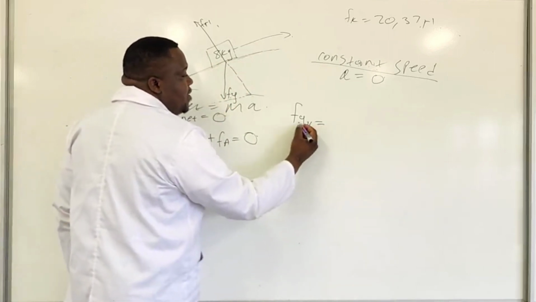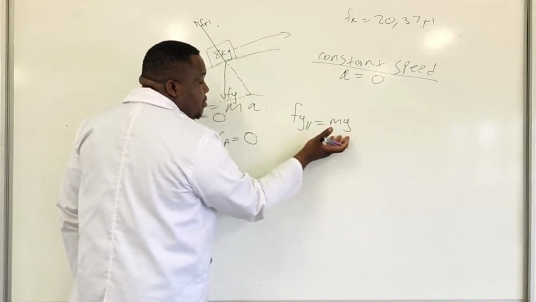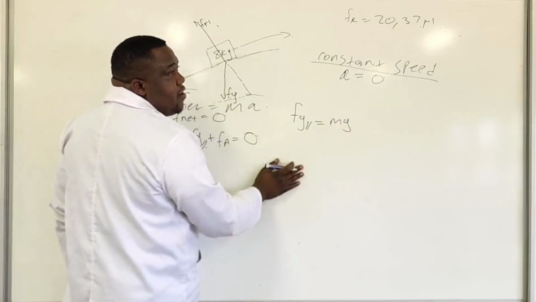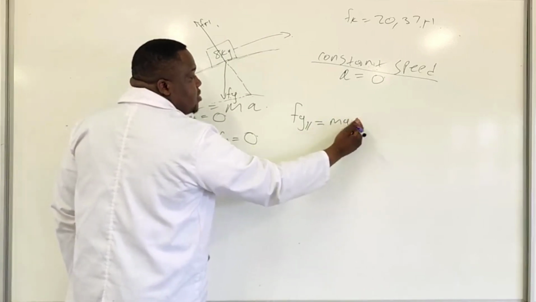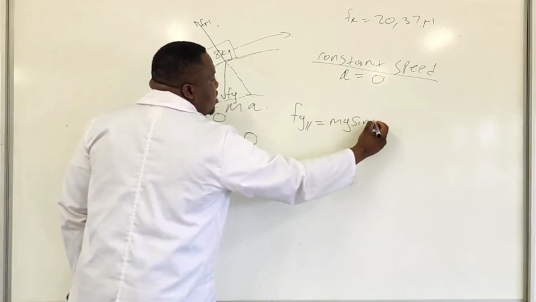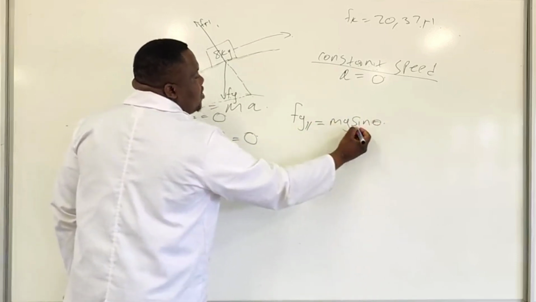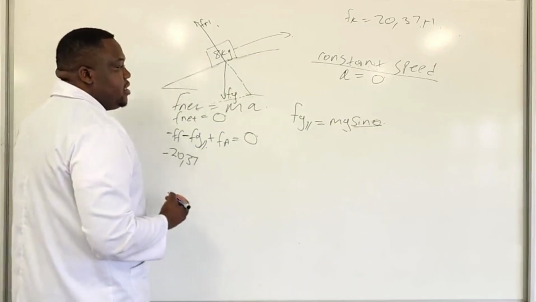So Fg parallel is going to be force, since it's a component. Remember, for a component you say force times trig ratio theta. Since it is parallel, we are going to use sine theta. I also even explained why I'm using sine for the component of gravity.